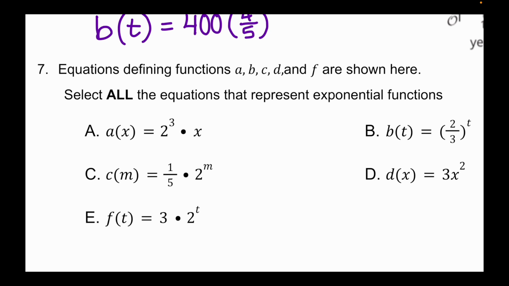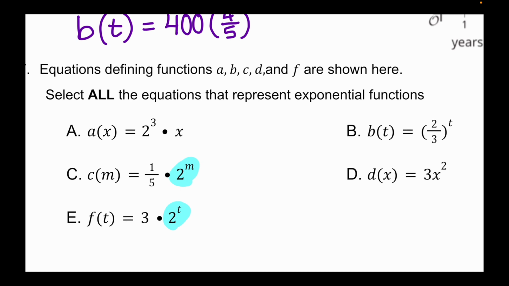I see that happening here, 2 to the power of m. I see 2 to the power of t. And I see 2/3 to the power of t. So I know for sure that these three are exponential functions. Let's look at the other two, and we can decide whether or not they are.